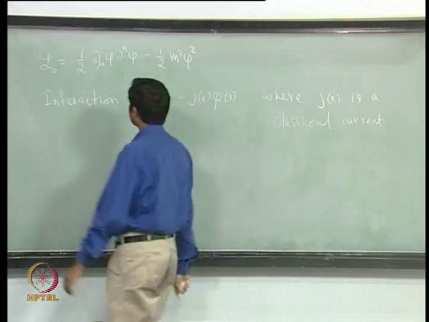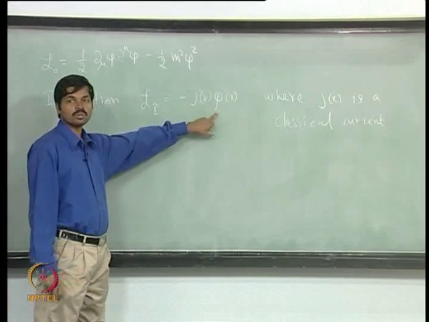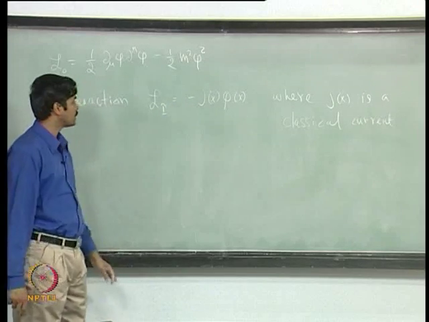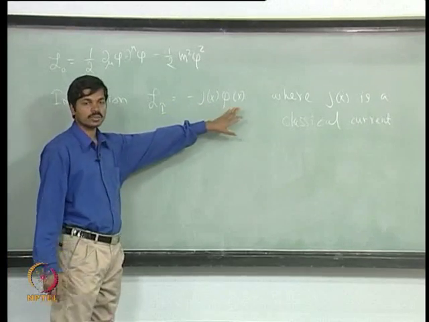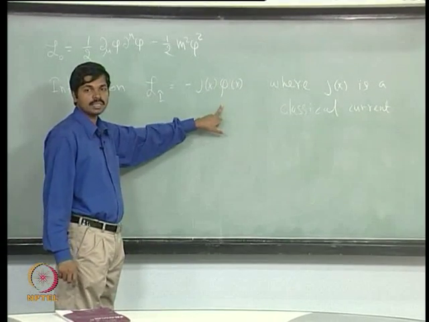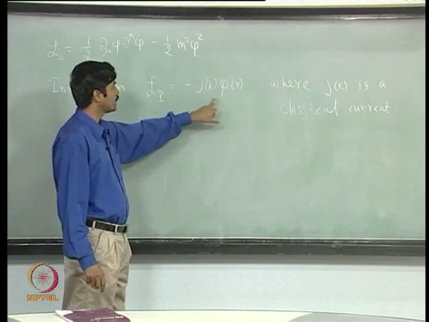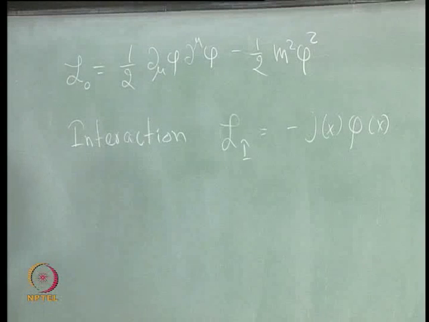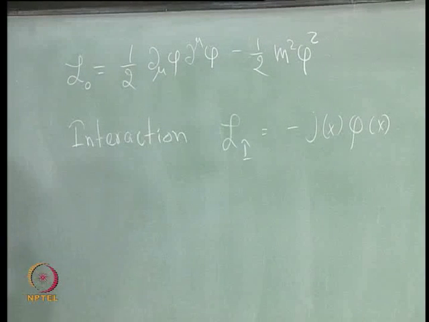So, the quantum field phi is coupled to some classical current. I am considering one specific example, which is one of the simplest cases that you can study, where the interaction term is of this kind, where the quantum field phi is coupled to some classical current J of x. In presence of this interaction, we will consider the S matrix and then we will write it in a nice form, which will be useful for our purpose.